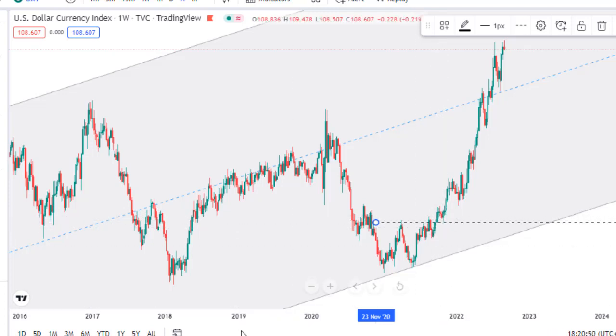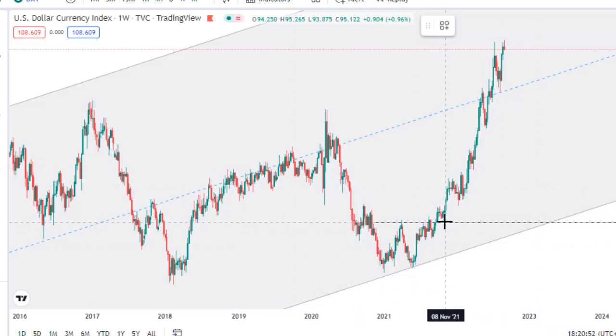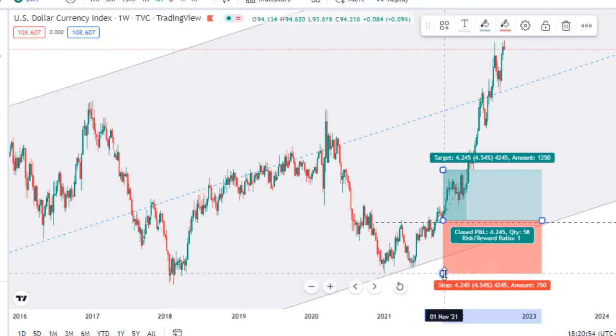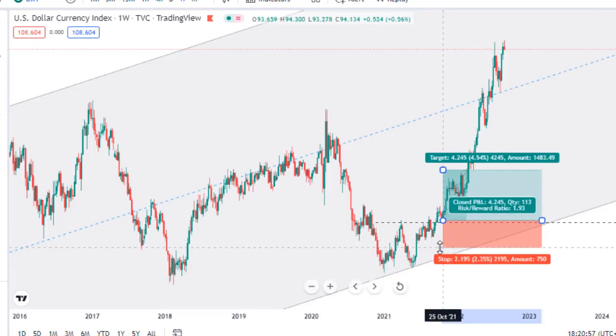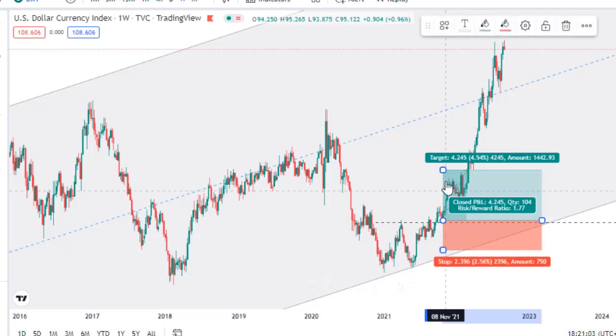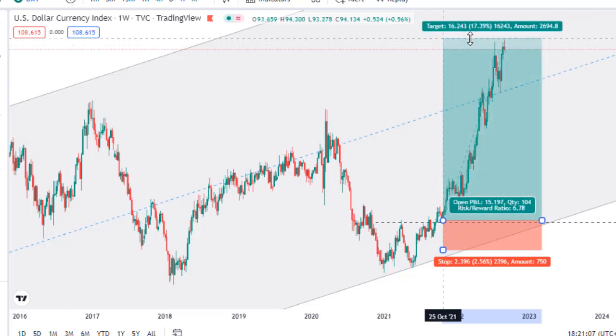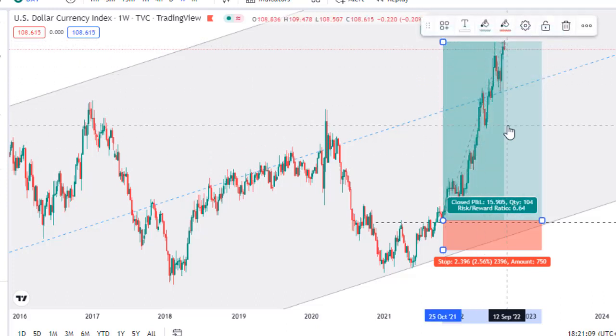Can you see? Then we can put our position here and our stop loss behind the supply and demand zone, as I mentioned before, 1.5 behind that, and get an excellent position. You can see it's excellent. I recommend you combine this pattern with other methods to get better results.